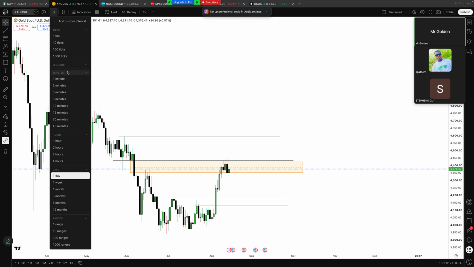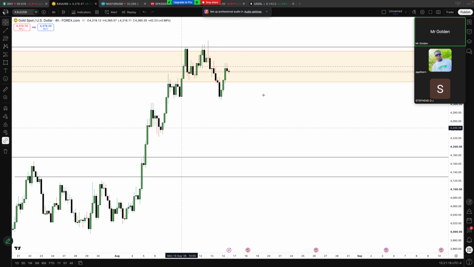We can check maybe the 4 hours and see. So maybe this other block trades up to this point, or maybe takes this high. We might take this high and we start seeing sales to the downside.